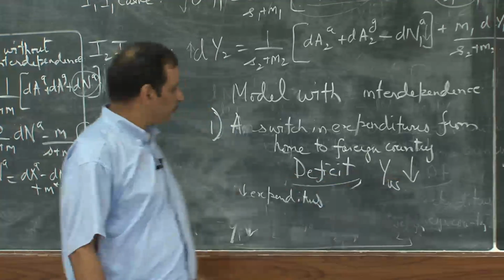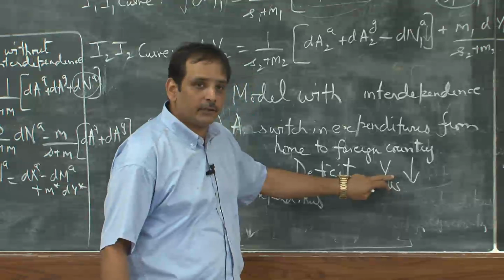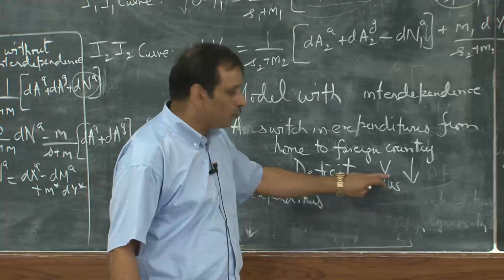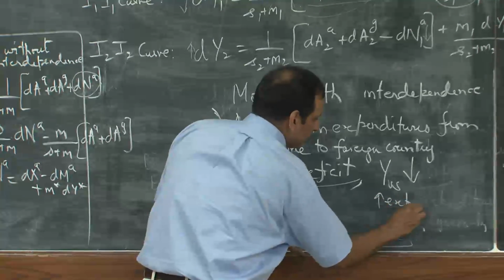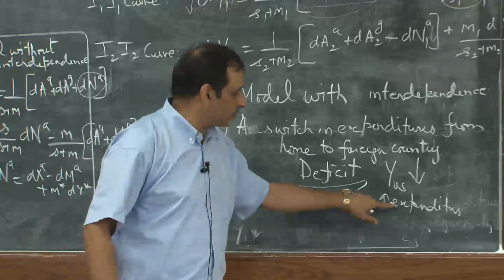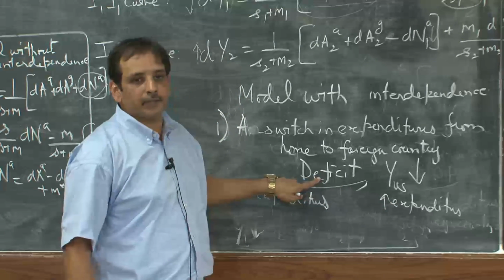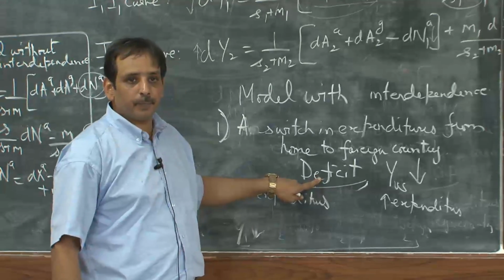Okay. What would have happened if he wants to take care of the decline in the US incomes? He would increase expenditures. But increasing expenditures would mean again a deficit in the balance of payments of this country.